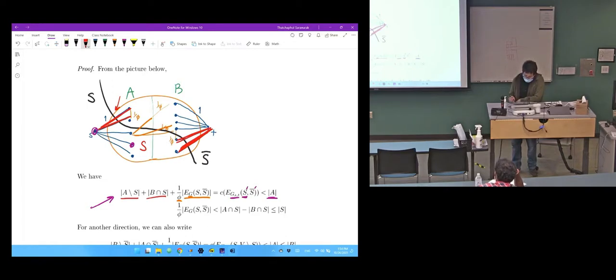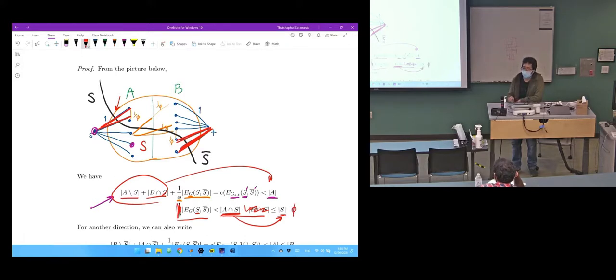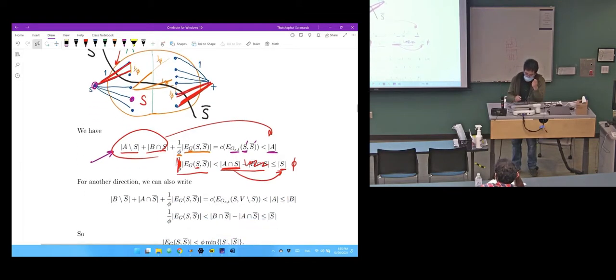Now you can compare the two things, move this whole thing to the other side, and you get that this thing is less than this one. Even if you forget about this, it is less than S. So the cut size crossing S is less than S times phi, so this is a phi-sparse cut.